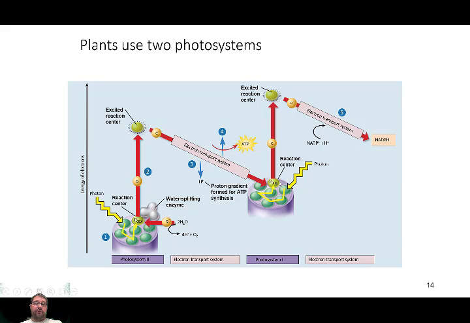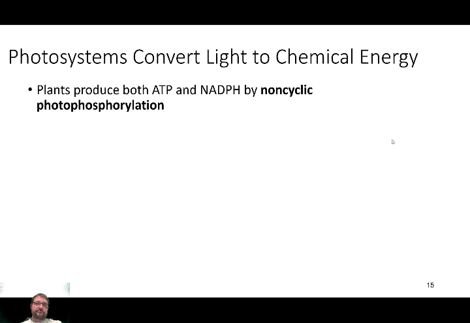The electron's donated to the P700 site. It's excited. It goes to the electron transport system. Now that electron is picked up by NADP to form NADPH. All right, so let's look at this again. Plants produce ATP and NADPH.